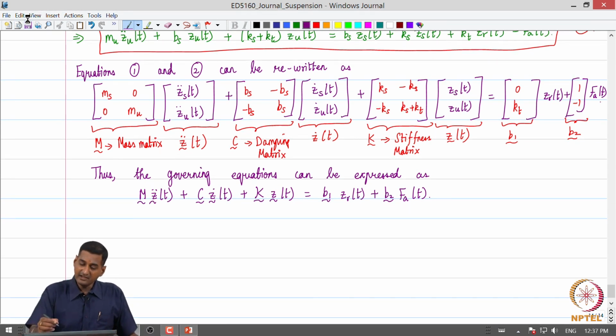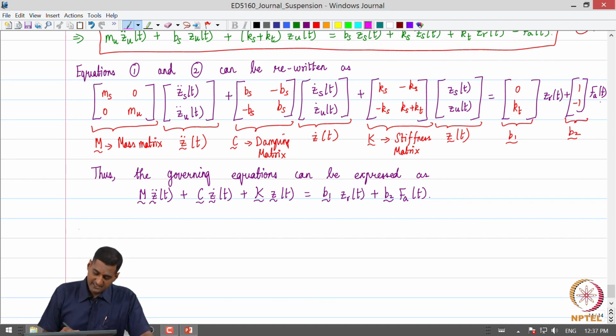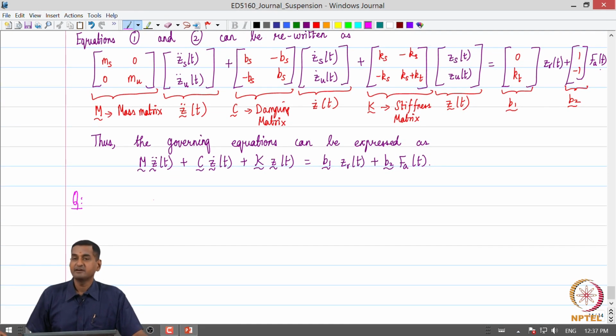Now, we are going to ask ourselves a question. In vibration studies, many times we are interested in figuring out the natural frequencies of the system, so that we can identify the modes of vibration of the particular system. Even for the suspension system, to analyze ride quality, we are interested in the natural frequencies of the sprung mass and the unsprung mass components.